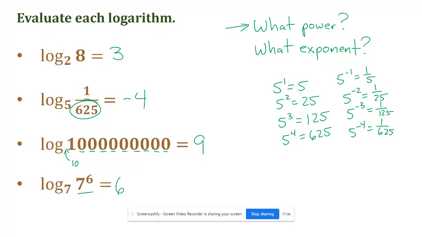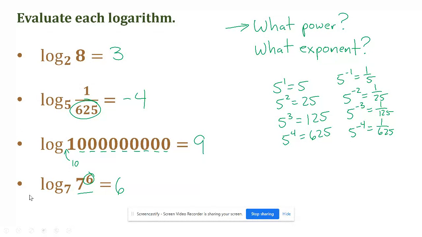So whenever you have an exponent in a logarithm, if the bases match like this, then you're just going to basically rewrite this exponent again. Because 7 to the 6th power gets you 7 to the 6th power. So that's how you simplify or solve these when they're just written in this form.